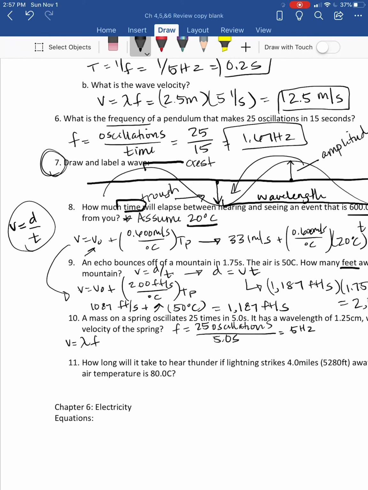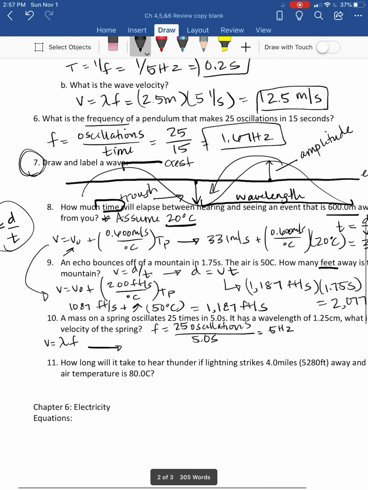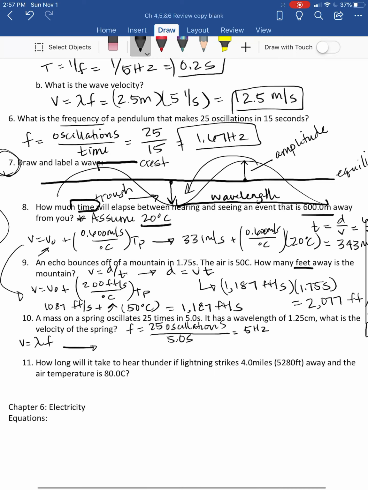And then we just have to plug this in. As far as the wavelength is concerned, it's given in centimeters, so I would suggest you convert that to meters, and then multiply that by 5 hertz.